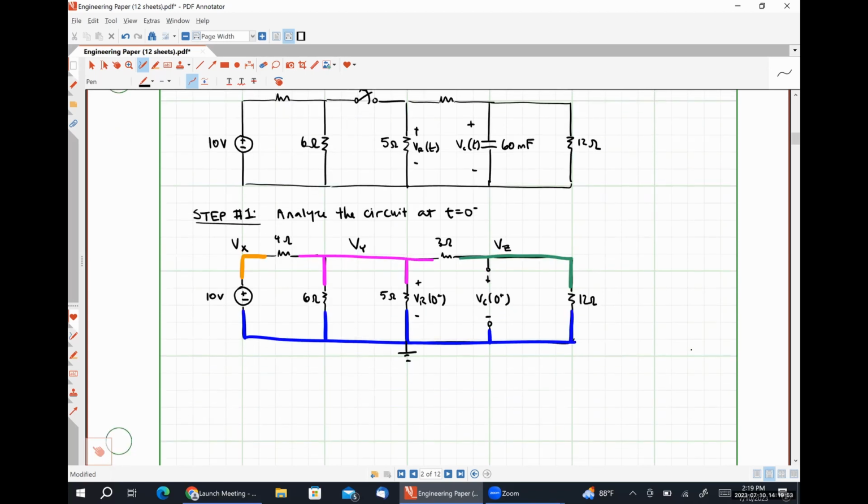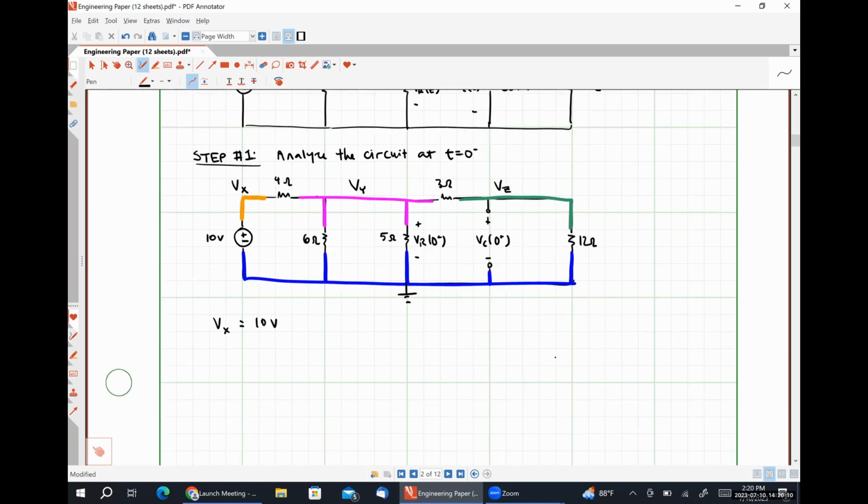So if I'm doing nodal analysis, I don't have any dependent sources or anything like that to worry about. So I don't have any controlling variable equations. I have a voltage relationship equation that says that Vx is equal to 10 volts.